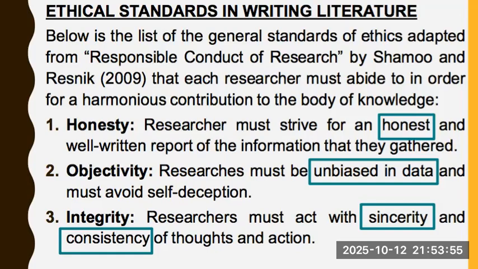Another ethical standard is objectivity. Objectivity means we try to present information and analyze literature without letting personal bias, assumptions, or influence conclusions. Objectivity matters because it helps readers evaluate the evidence fairly and ensures that the literature review is balanced.